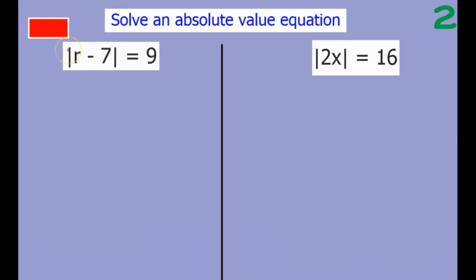Here, if we put our box in front of our equation, we just have two shower doors. Whatever's in that shower door has to equal 9. So we know that we could either have 9 or negative 9 inside our shower.